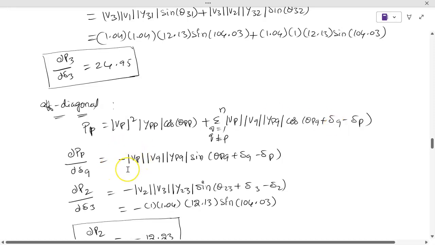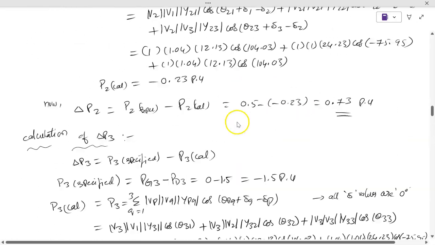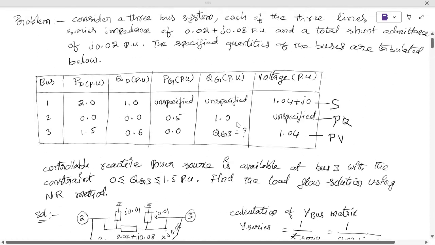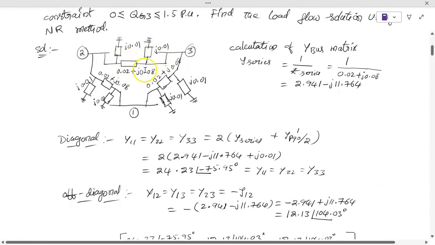So then minus of, but here for off diagonal elements, this summation will not come. For diagonal elements this summation will come, but for off diagonal elements the summation will not come. Why? Because for off diagonal elements only this series admittance value, only one value will be added.